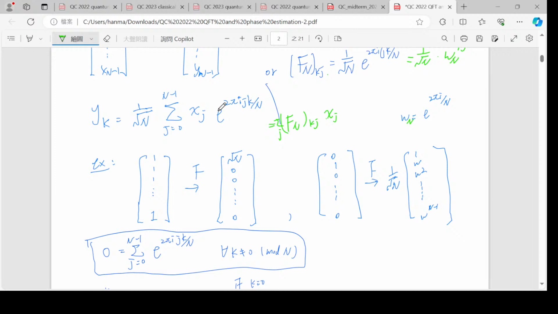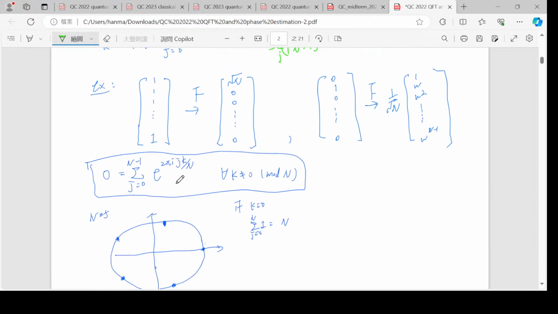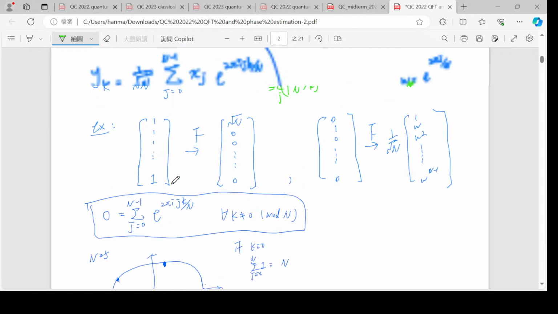When k equals 0, this thing is 1 over square root n times the sum, and we want to study what the sum over j of e to the 2 pi i jk over n is. It's a function of k, and j is a dummy variable that is going to be summed over. When k equals 0 this is easy, because the exponent is always 0, and e to the 0 is just 1, so you are summing over a whole bunch of 1s. So the summation is just equal to n when k equals 0.